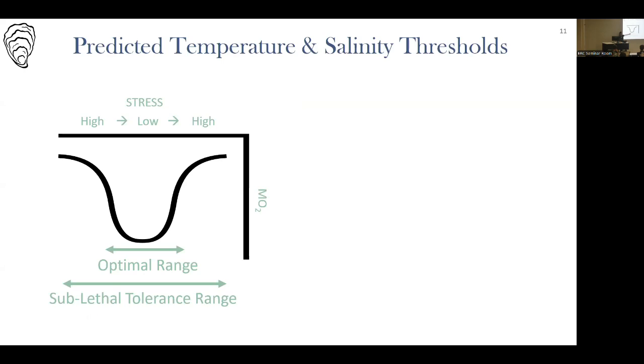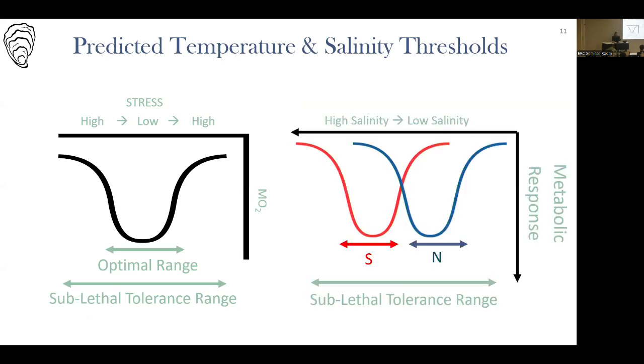They're breathing more, so that consumption curve is higher, but consumption is negative. Then when we have our stress, low and high salinity treatments, we expect to see that metabolic suppression. However, with the north and south populations, we expect the metabolic threshold curves to be slightly skewed, where maybe the southern populations would prefer the high salinity and the northern populations would prefer the low salinity.